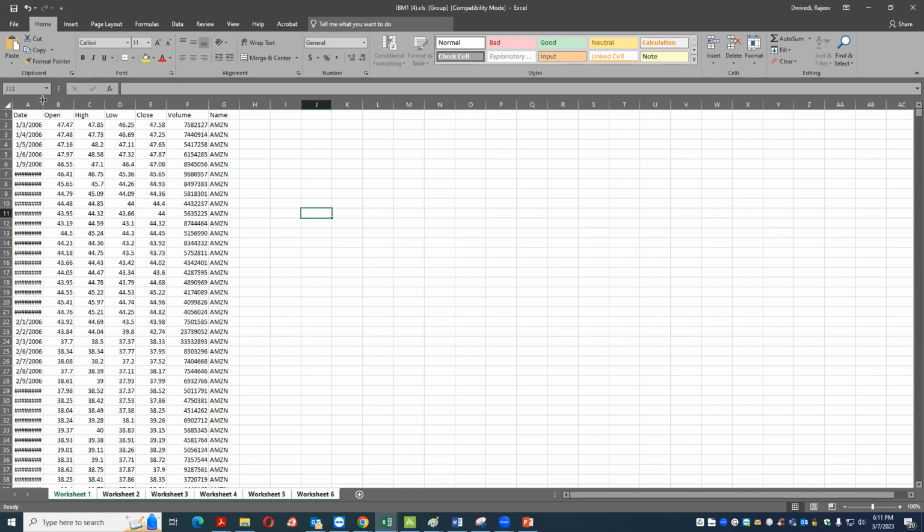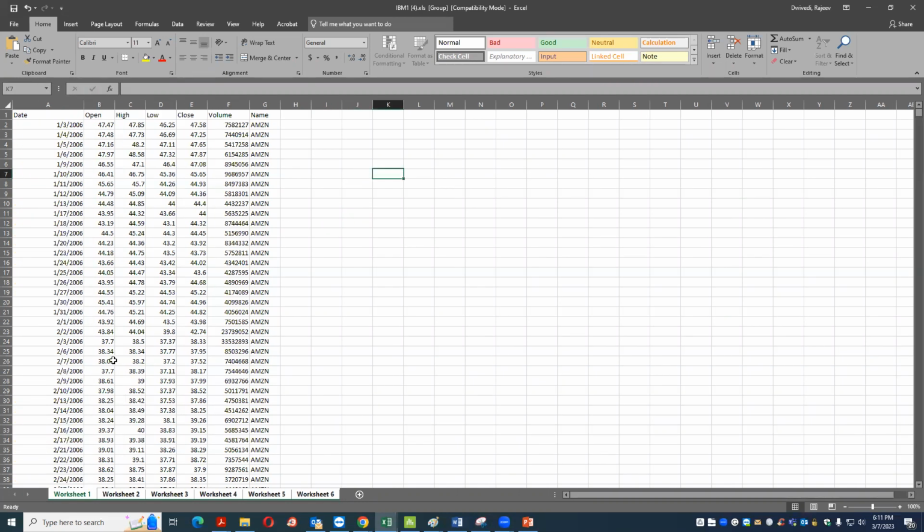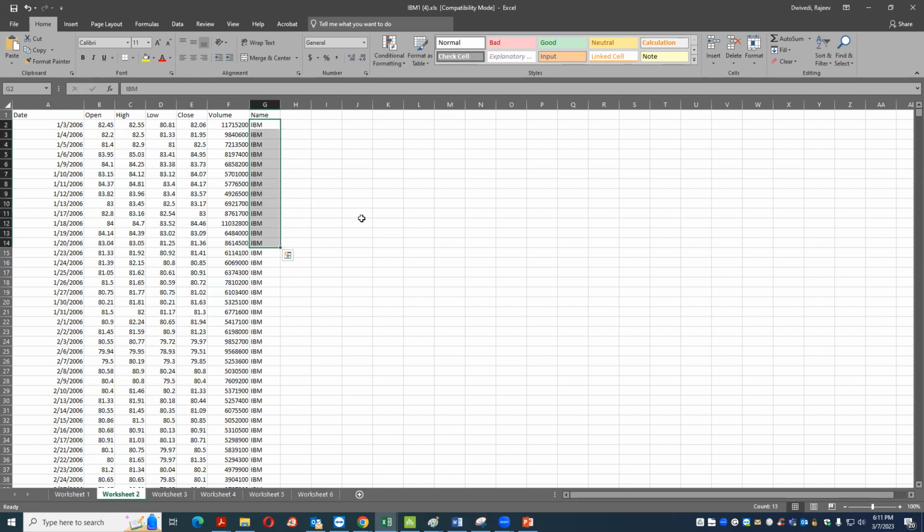So basically, I have some data which you can see here. Before answering the questions, please see that you are choosing the right stock. For example, you can see this is Amazon. When you look, this is IBM.